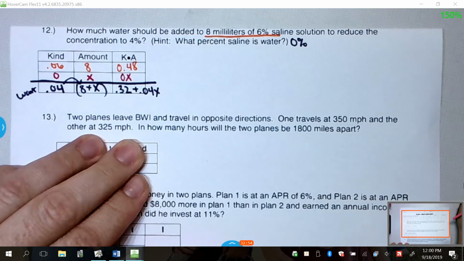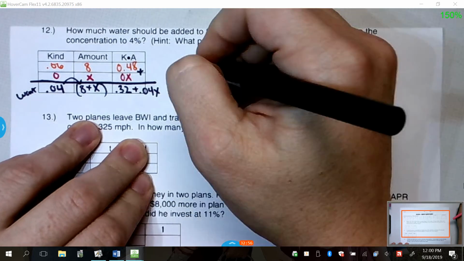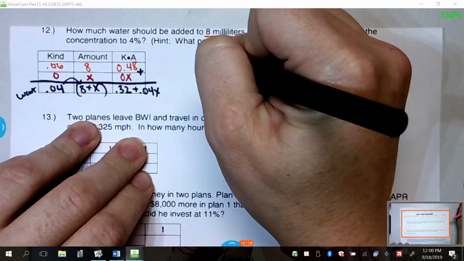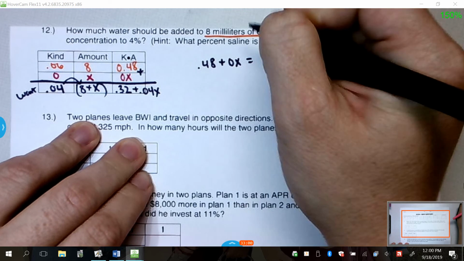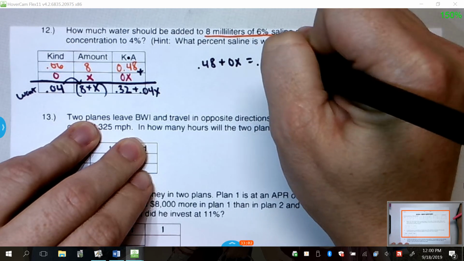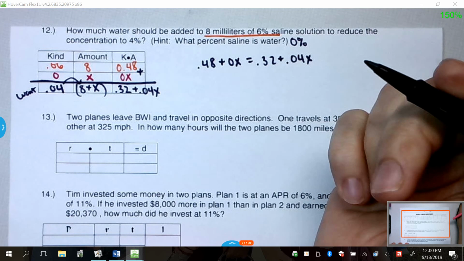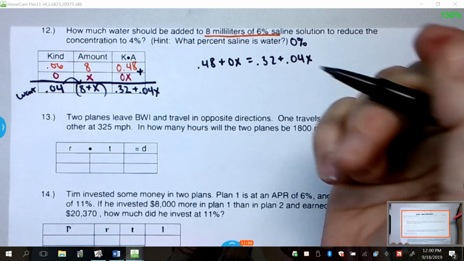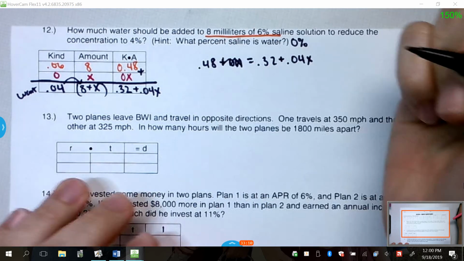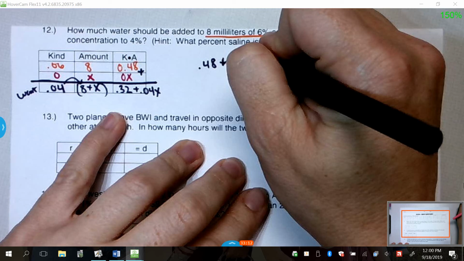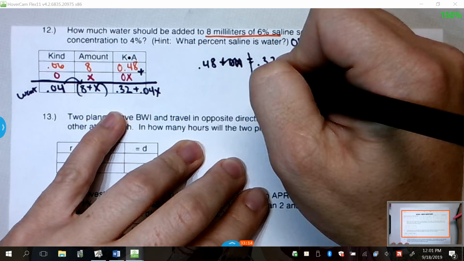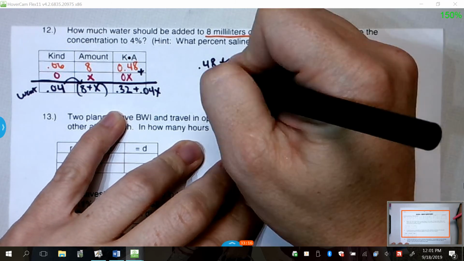Then with mixture we add. So 0.48 plus 0x equals 0.32 plus 0.04x. Well, what is 0x? 0x is nothing, so this goes away. So I have an x over here and no x over here, so I'm going to do minus 0.32. I don't need to move any x's.